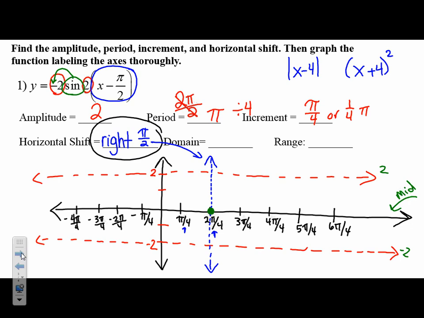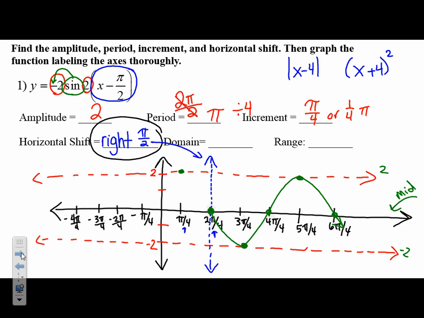And now instead of going up like the sine wave usually goes, because it's negative, it's actually going to go down first, then back up, then top out, then back down. It always ends in the same spot, or at the same level as what it began. Okay, so we're going to go ahead and draw that in. And now I need to continue on the other side. I need to go up.